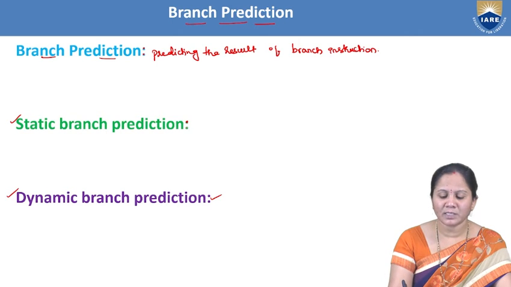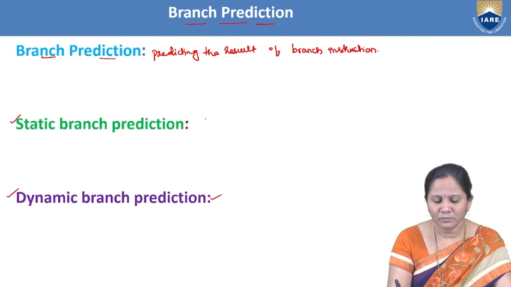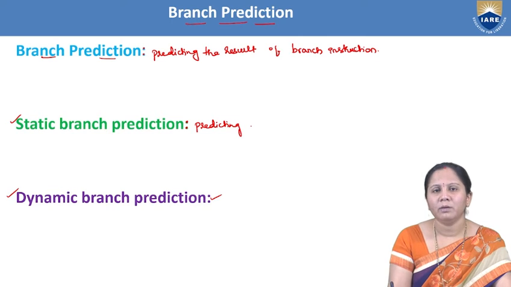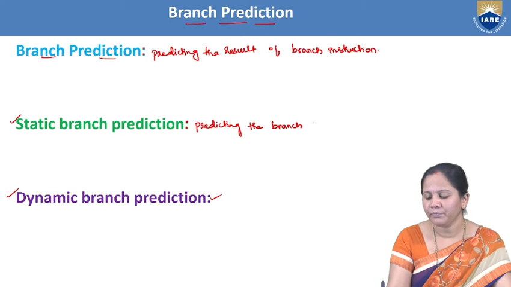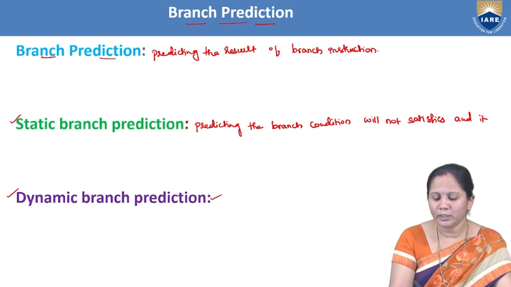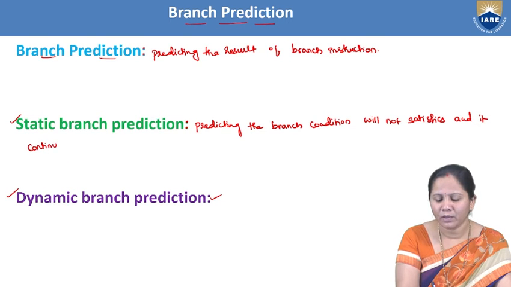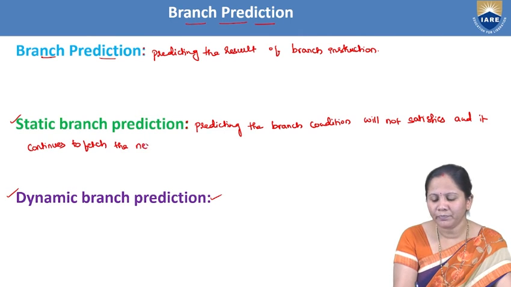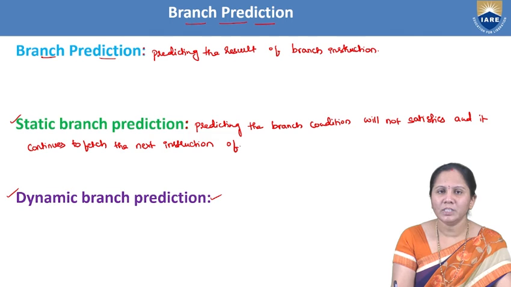What is meant by static branch prediction? Here it predicts that the branch condition will not be satisfied, and it continues to fetch the next instruction after the branch condition.